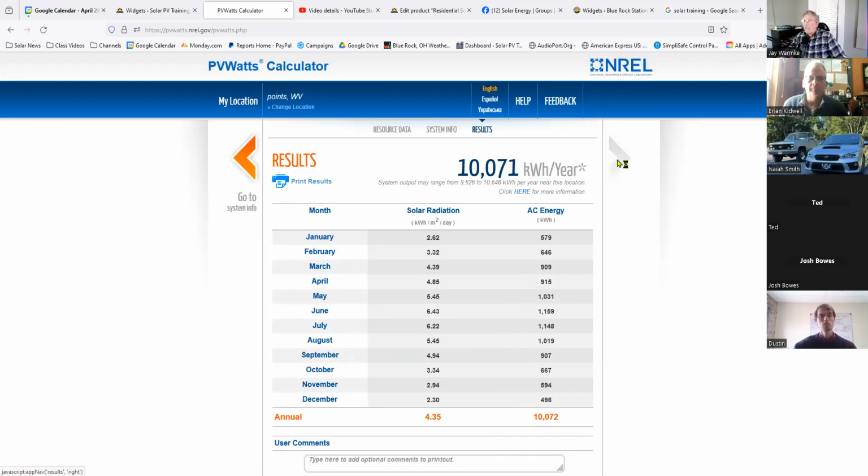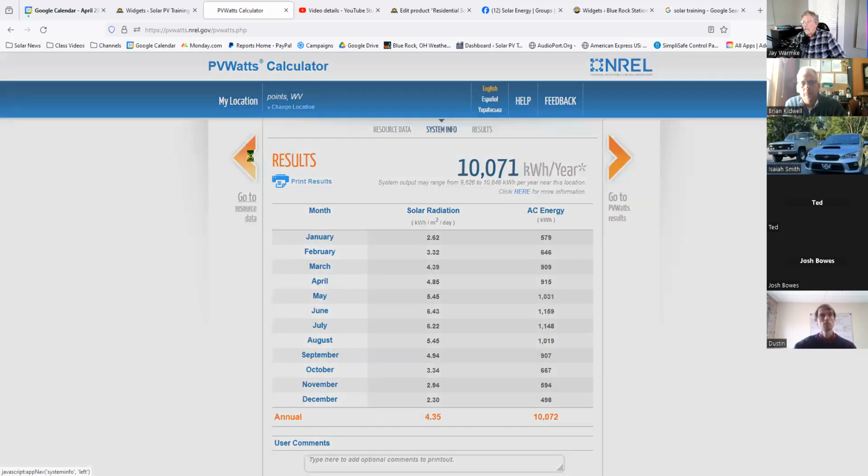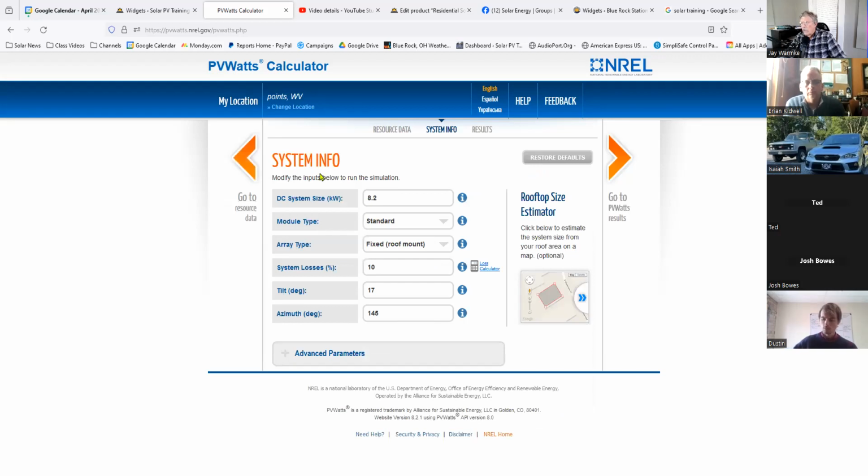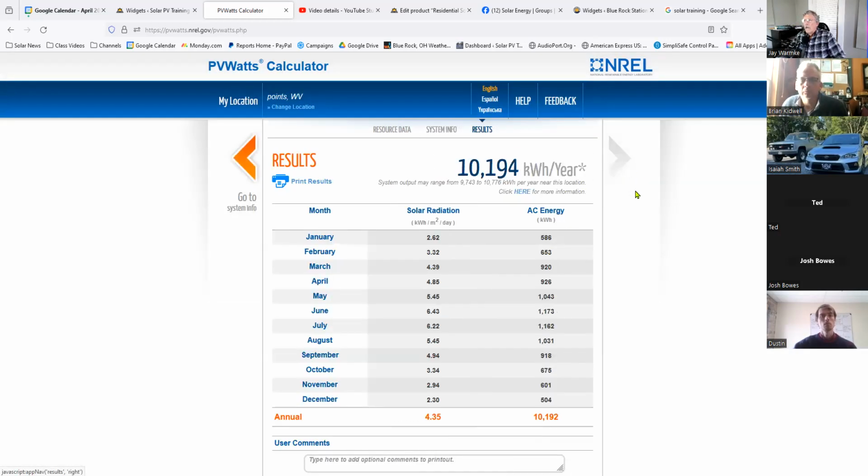So I'm going to plug in 8.2. Still a little bit too small if I want 10,200. It's pretty close though. Let's say 8.3, just to overproduce slightly. Well, that's right about on target. So an 8.3 kW array.